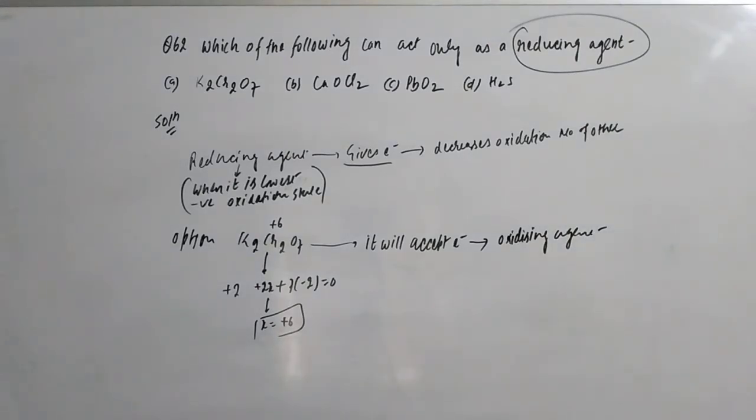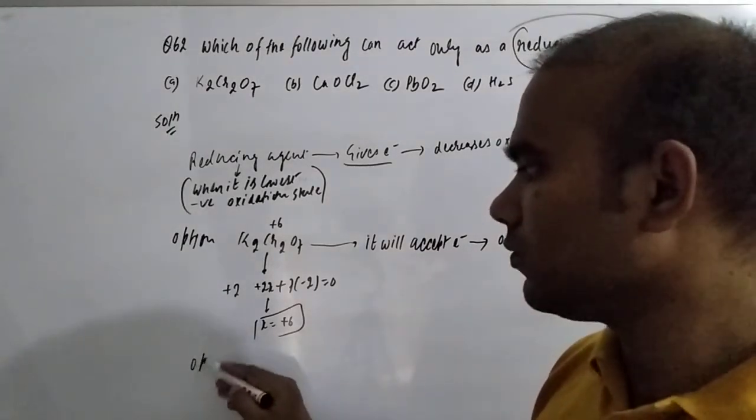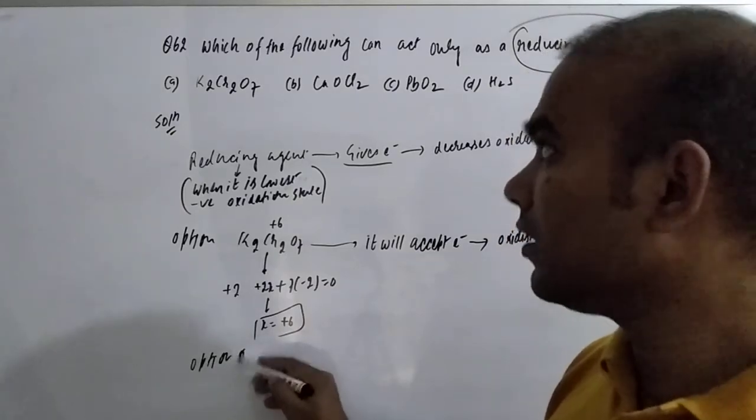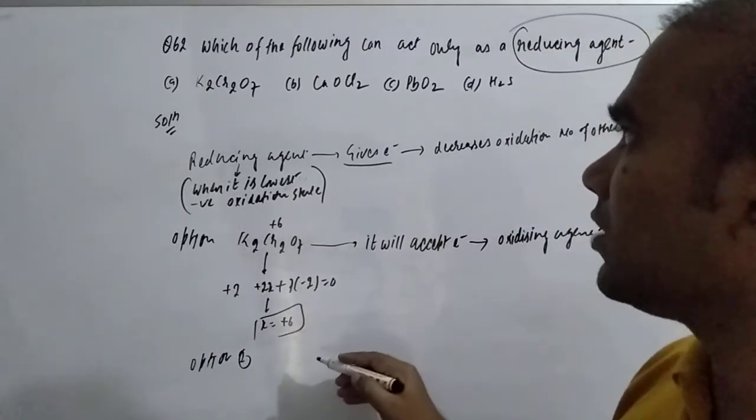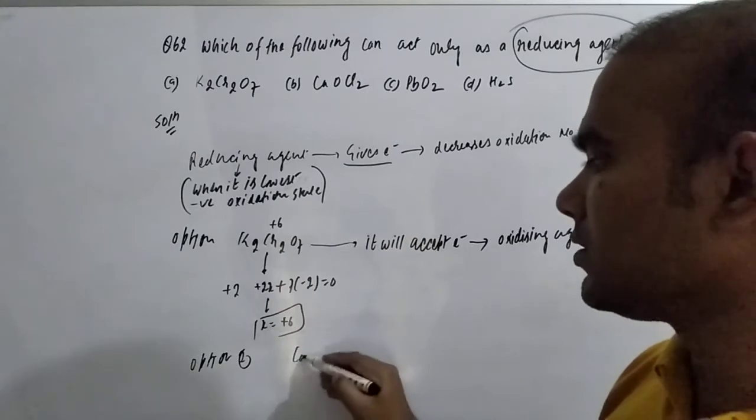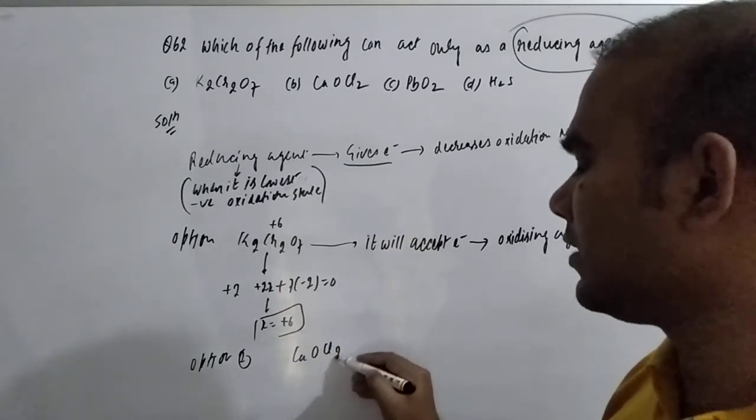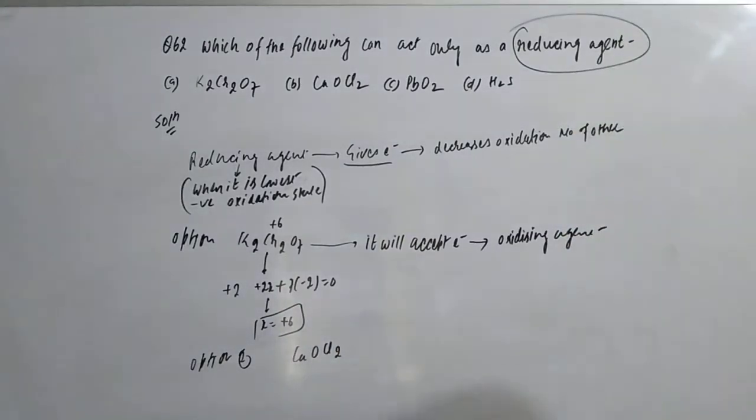Now let us check another one. What is option number 2? Bleaching powder, CaOCl2.